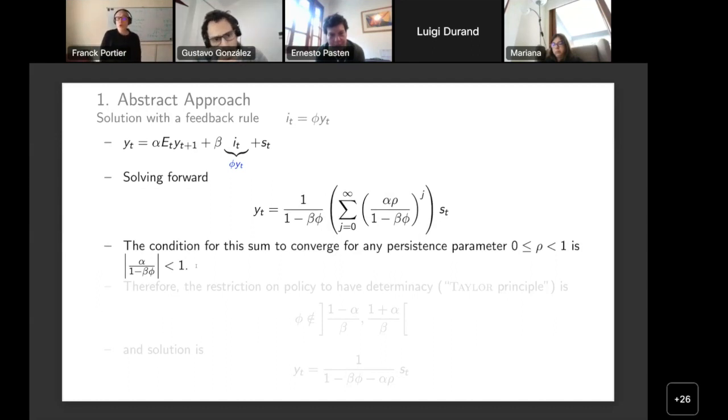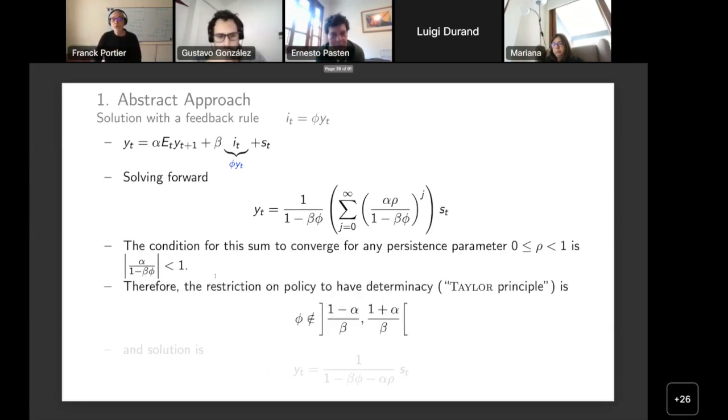That's the condition. You see that's a restriction, given the deep parameters alpha and beta, on policy. Policy cannot be anything. So phi has to be such that this is between minus 1 and 1.